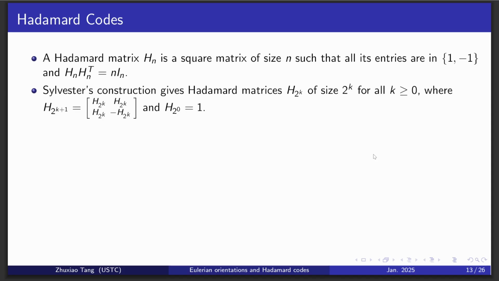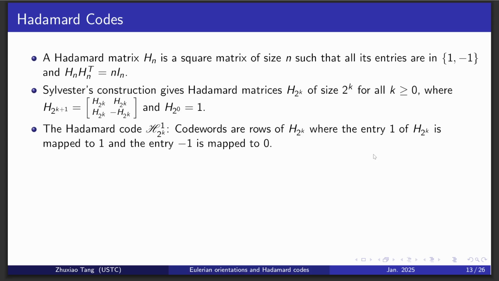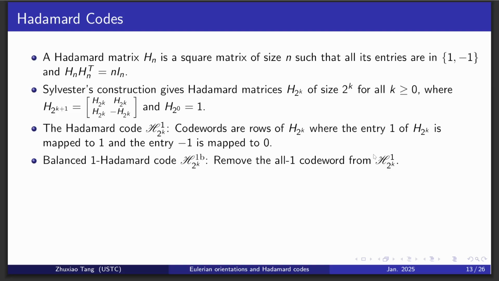Sylvester gives a construction of Hadamard matrices of size a power of 2, and it is constructed recursively. By the construction of Sylvester, we know that the first row of the Hadamard matrix will be all ones.